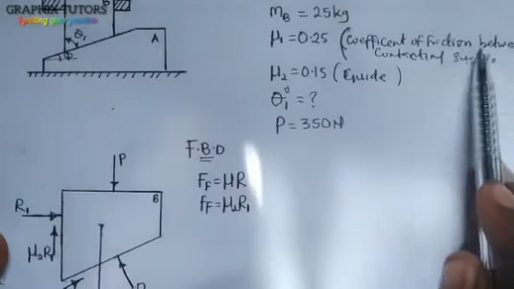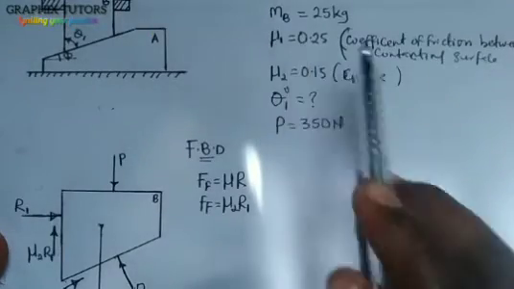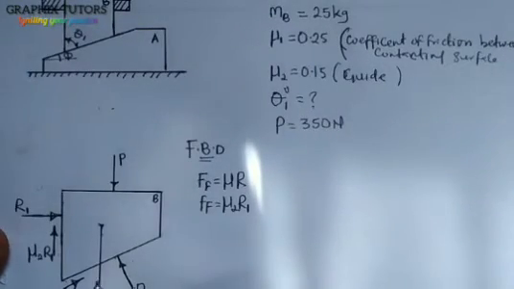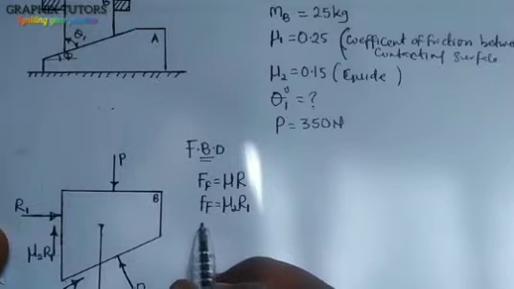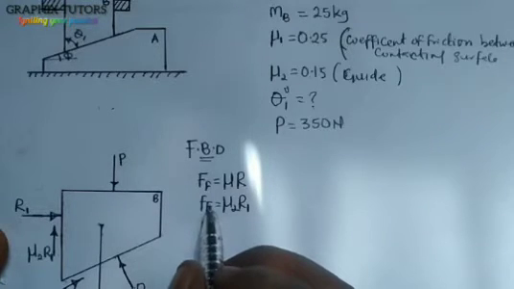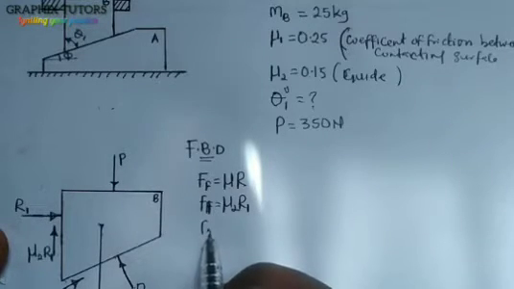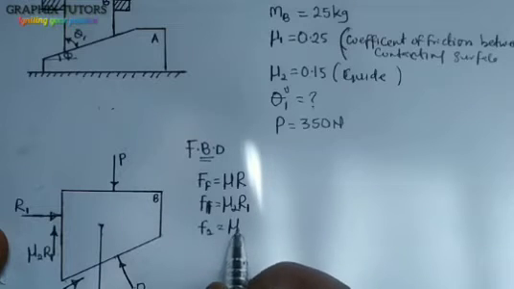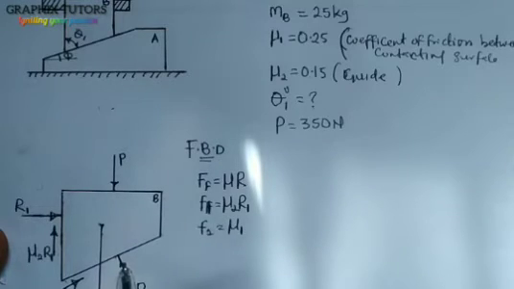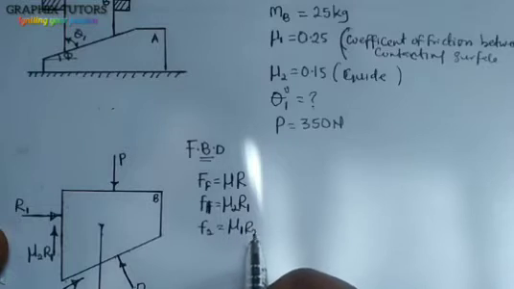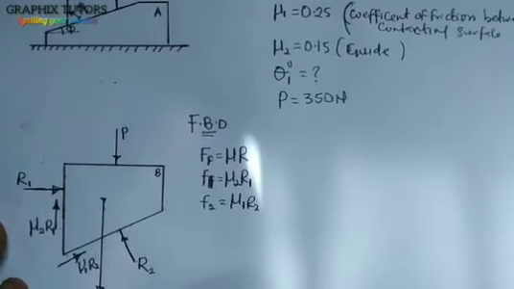At the contacting surface here, we're going to be using mu1. If I want to write the frictional force for this one, this is F1 here, so my F2 will give me mu1 at this surface, R2. So mu1 R2. Is that taken? I'll write it here as mu1 R2.